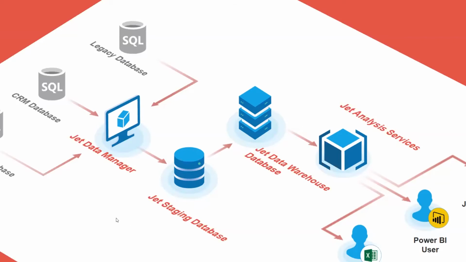But we also have tools to support it beyond that. We have a backend tool called the Jet Data Manager we're going to get a quick look at today as well, that basically manages all the SQL coding and ETL processes for you, and so you can design and make customizations to the underlying data model 5 times faster than traditional BI methodology with this tool.